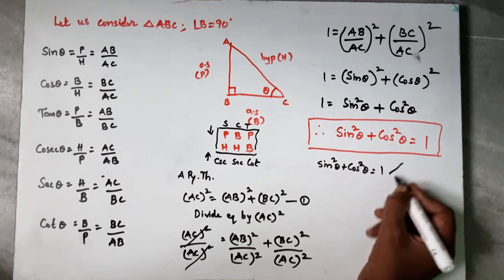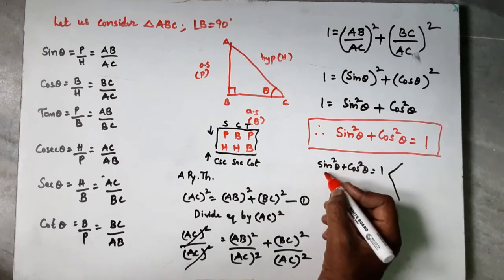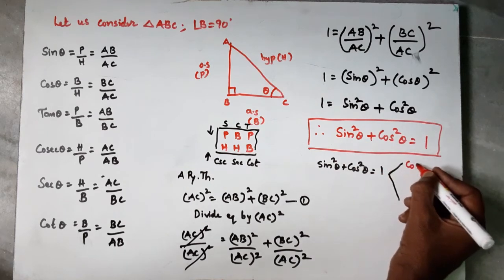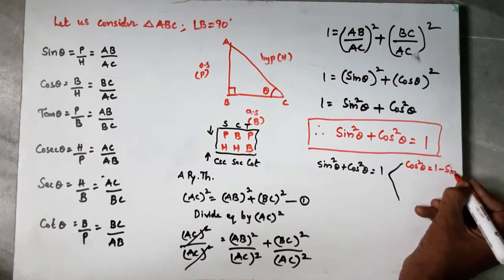From sine square theta plus cos square theta equal to 1, you get two conditions. When you transpose sine square theta to the other side, cos square theta is equal to 1 minus sine square theta.